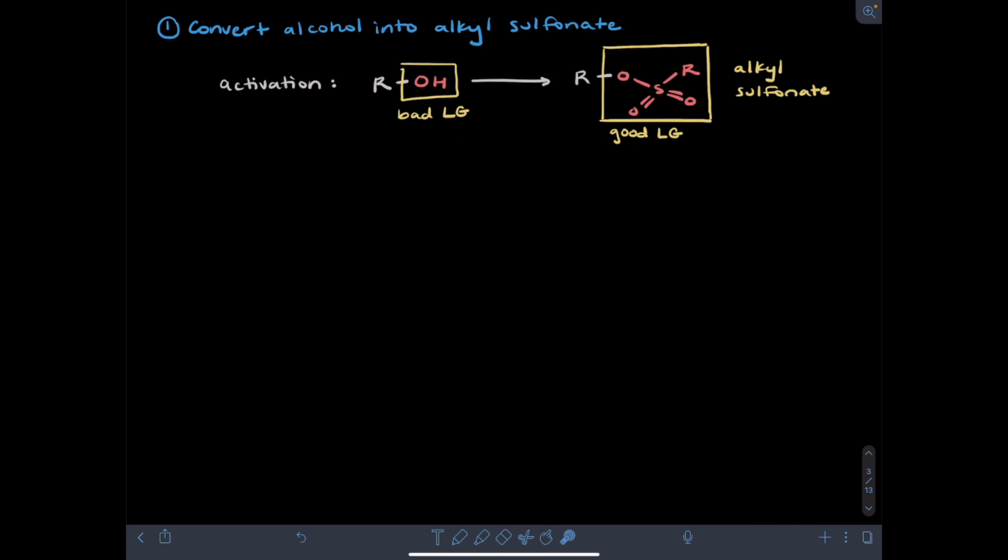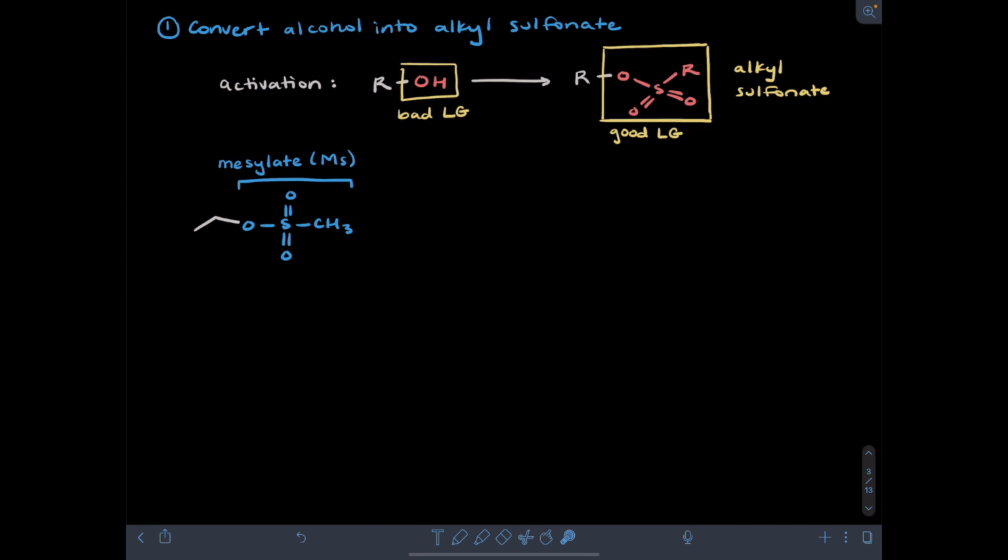So sulfonate refers to the functional group where you have your alkyl group connected to an oxygen, connected to a sulfur with two double bonds to oxygens, and an R group, some type of carbon group. What's known as a mesylate is a type of sulfonate with a methyl group attached to sulfur.